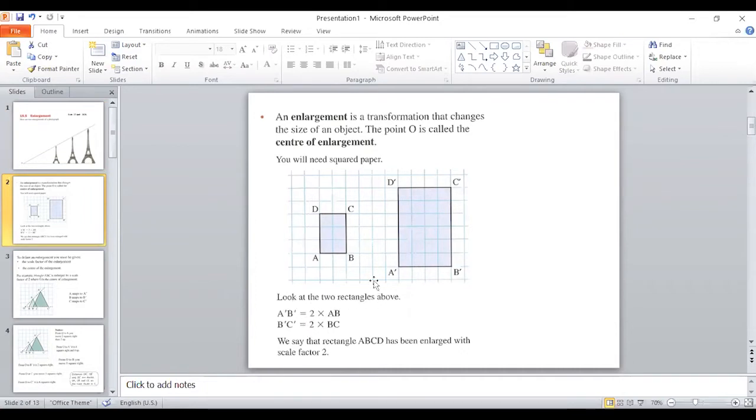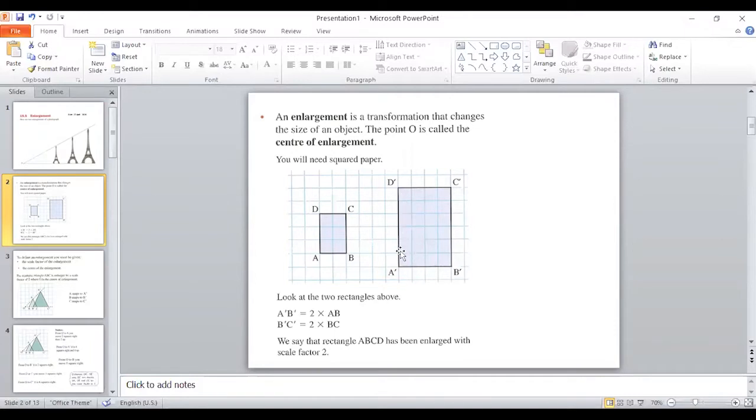Look at these two rectangles. AB equals 2 squares, AD is 3 squares long. On the other hand, you can see the image, which is 1, 2, 3, 4 for A prime B prime, and for A prime D prime it equals 1, 2, 3, 4, 5, 6.